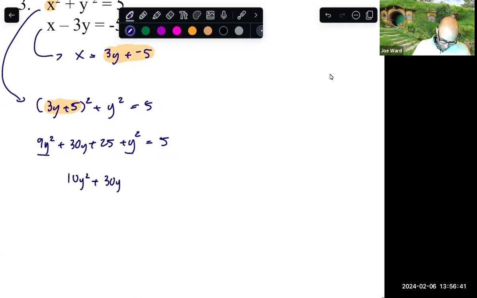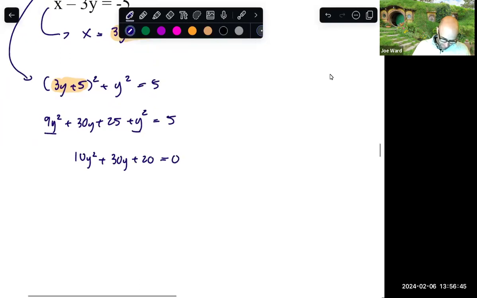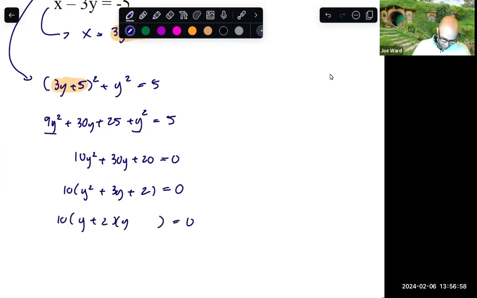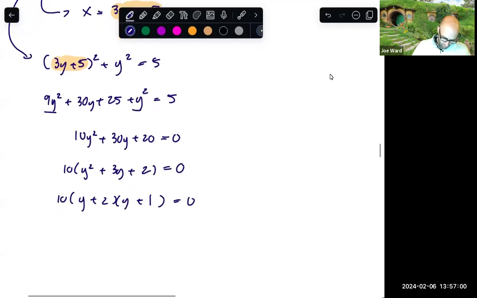And then if we subtract 5, we get plus 20 equals 0. Looks like you can take a 10 out, which gets you y squared plus 3y plus 2 equals 0. And now we're hoping that we can factor. So plus 2, plus 1. So therefore y is equal to -2 or y is equal to -1.